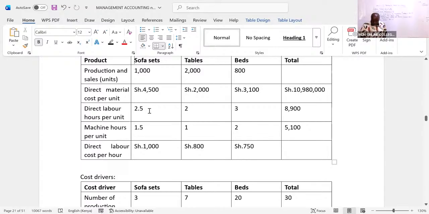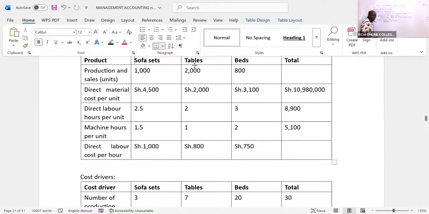So to get the total labor hours, this is what I will do. I will take 2.5, this is per sofa set. And how many sofa sets are we producing here? 1,000. Some labor hours will be spent on producing the next product, tables, where I'm going to have 1 hour times 2,000.